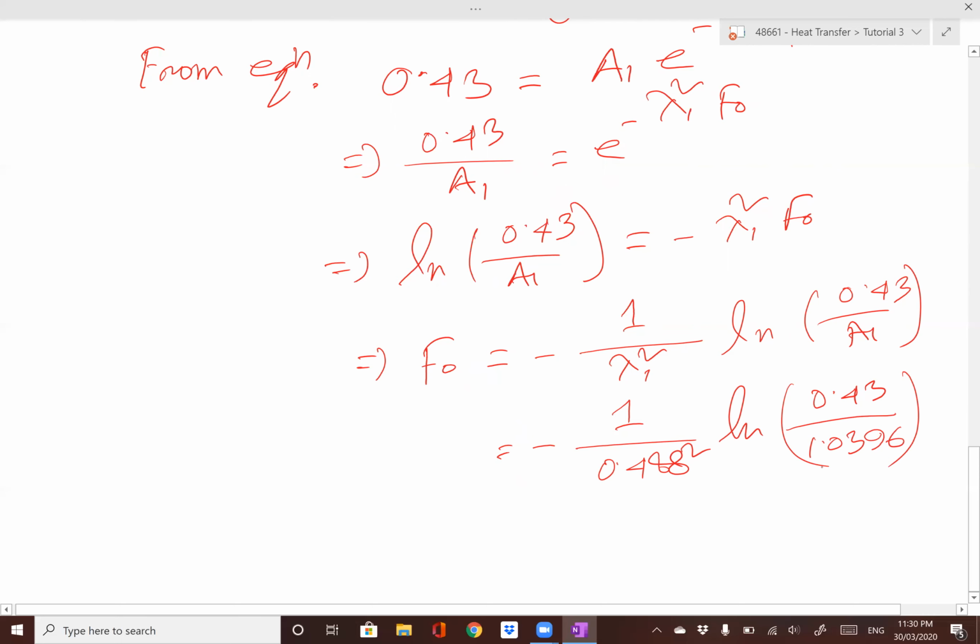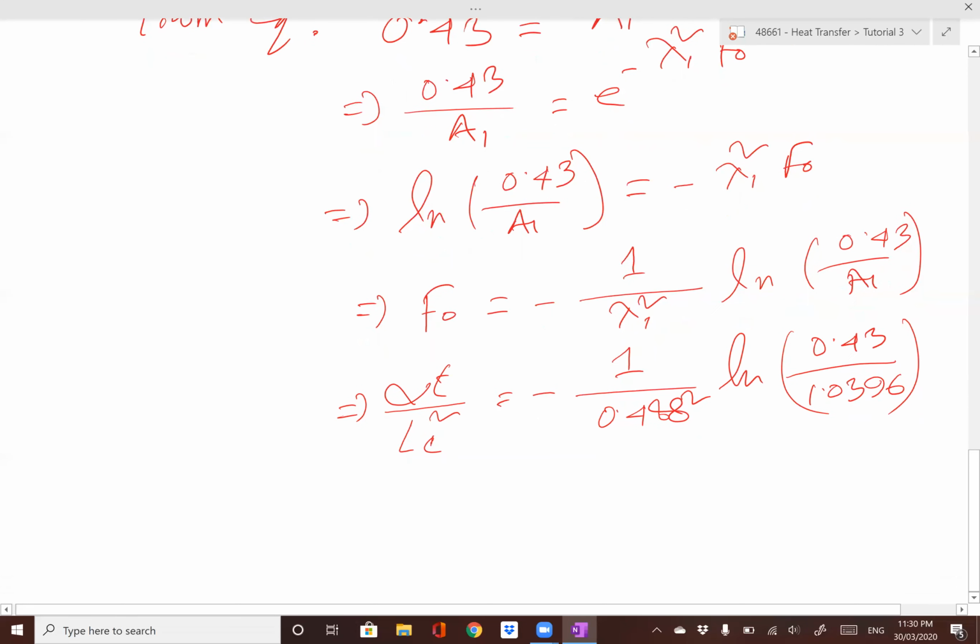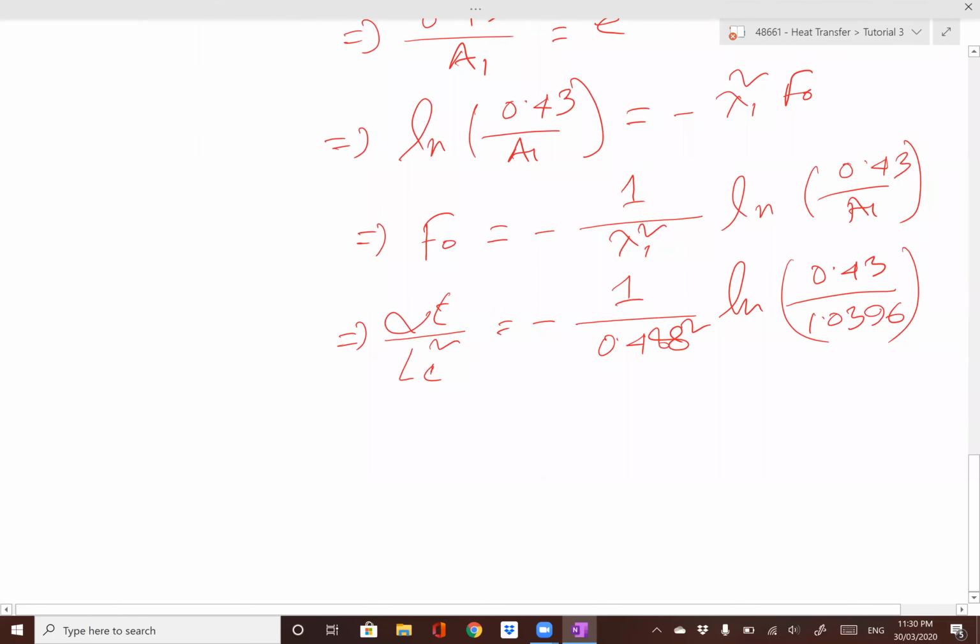At the same time, F naught is alpha t over Lc square. Now this alpha we already calculated for method 1, from the formula k over rho c.